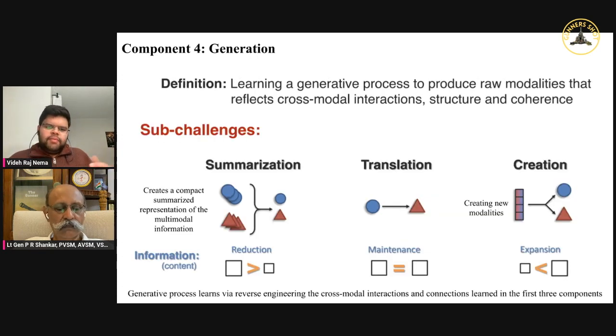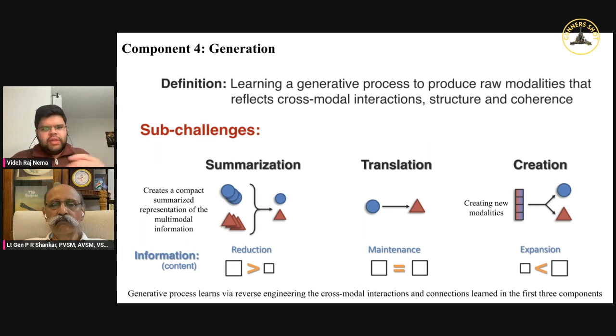And after the third step, there are various things that you can do. You can predict something, which you may want to do a lot of times. So for example, there are 10 classes and you want to predict which of these 10 is the most probable. You can also do generation, and this is very interesting, because what we want to do is merge or generate a new type of modality, which we have not seen previously.